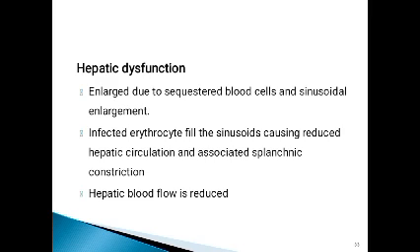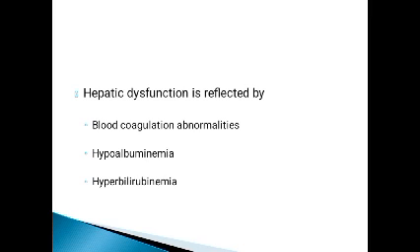sinusoidal enlargement. Infected erythrocytes fill the sinusoids, causing reduced hepatic circulation and associated splanchnic constriction. Hepatic blood flow is reduced. Hepatic dysfunction is reflected by blood coagulation abnormalities, hypoalbuminemia, hyperbilirubinemia.